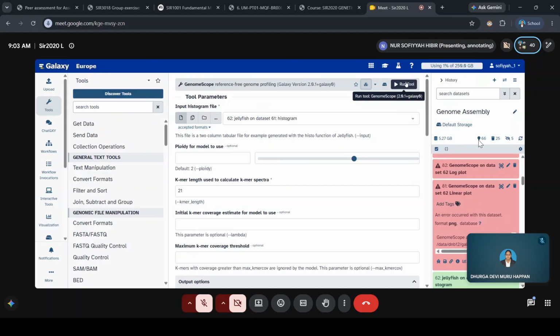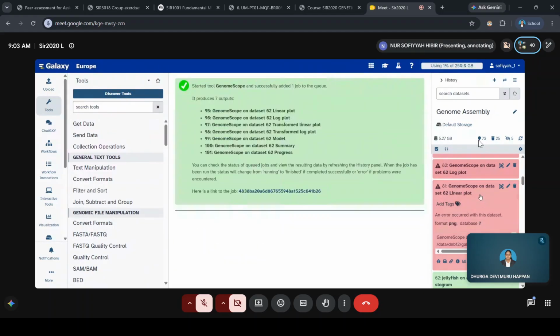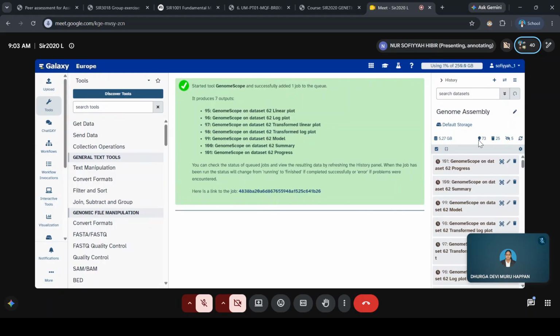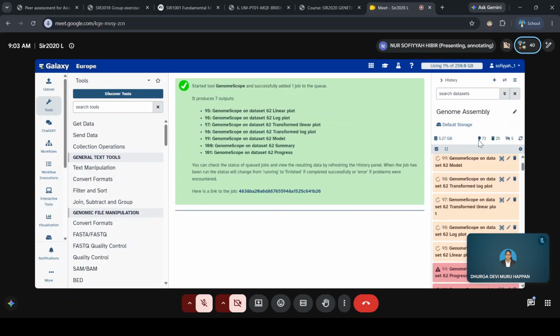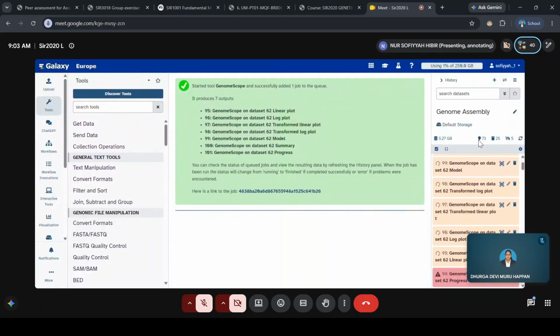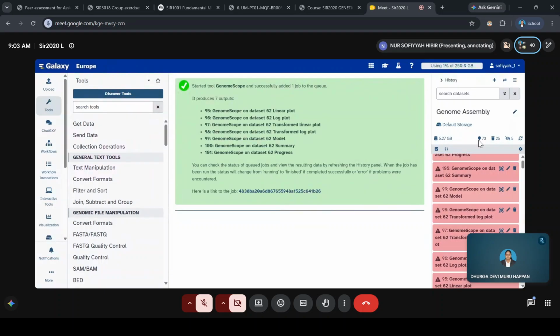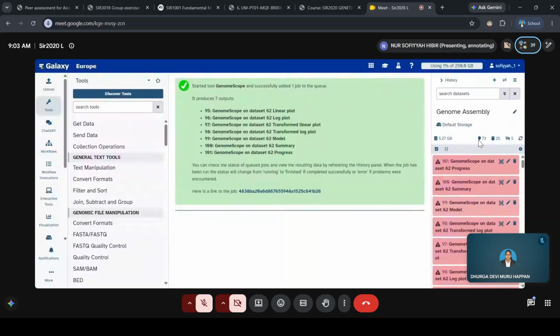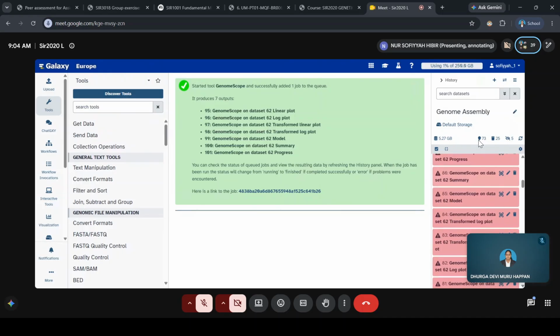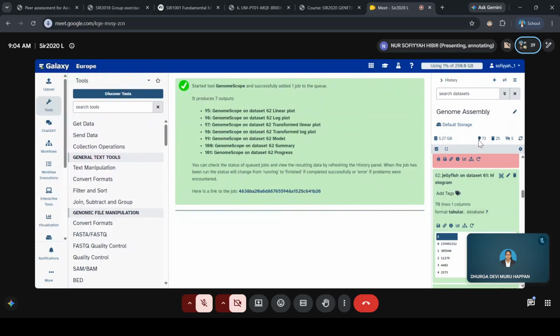Because sometimes maybe it's a version issue. You try and see whether you can get the result sooner. Maybe it's a version issue, or otherwise it should be your histogram or others.